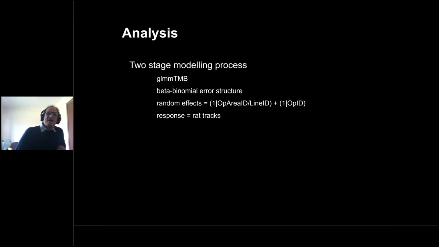So finally, after brutalizing my home computer for about 17 hours, I ended up with this data set to model. I did this in a two-stage process using the package glmmTMB in R, with a beta binomial error structure.